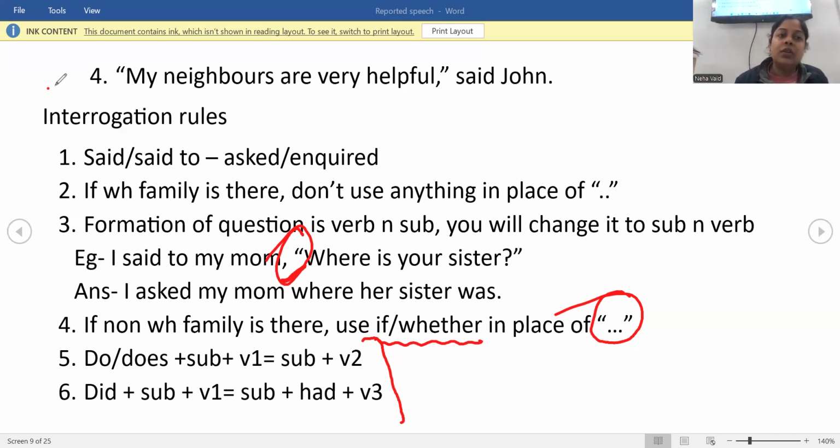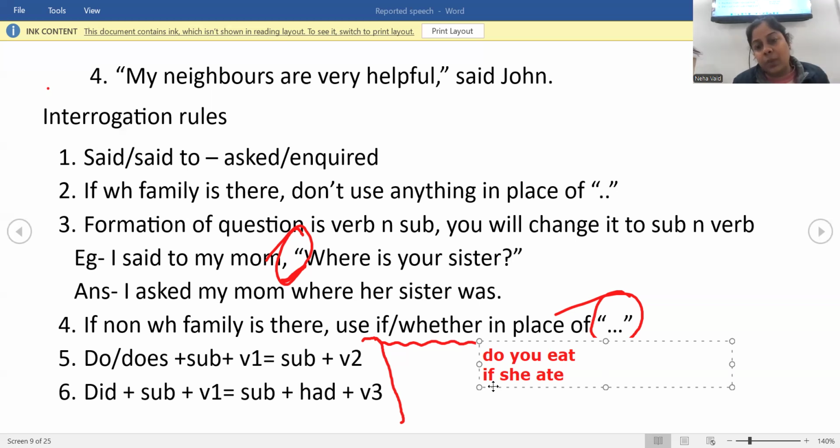For example, if you are having "do you eat", it will change to "someone asks if she ate". So what I did, I used the if format because this was not WH questioning. In place of you I have put she, and in place of eat, ate.